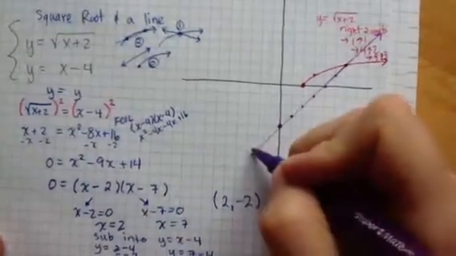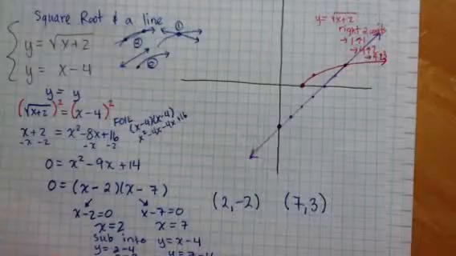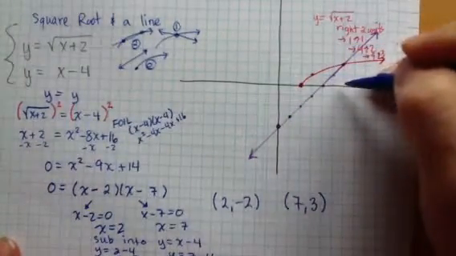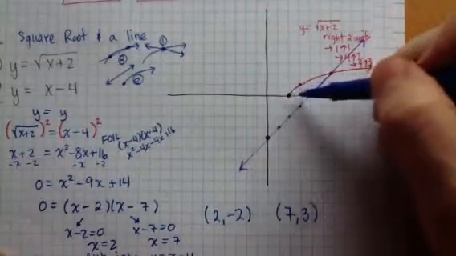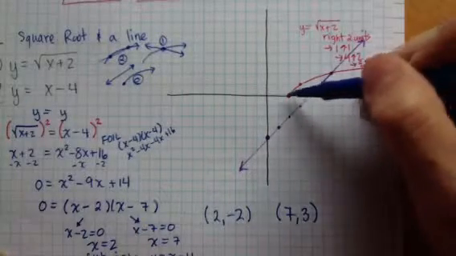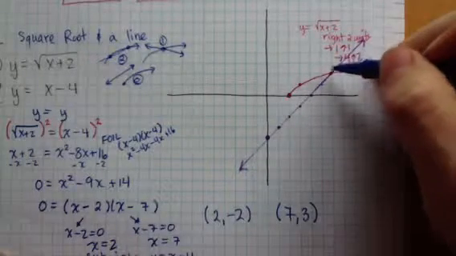Just like that. So let's see what this ordered pair is right here. It is 1, 2, 3, 4, 5, 6. 1, 2, 3. Did I go over 4? 1, 2, 3, 4, 5, 6. Oh, I got 6 too.